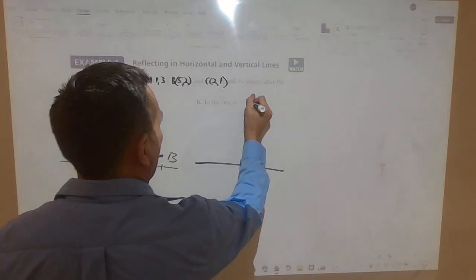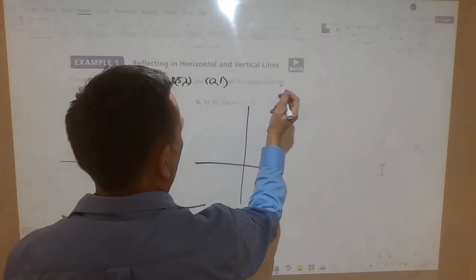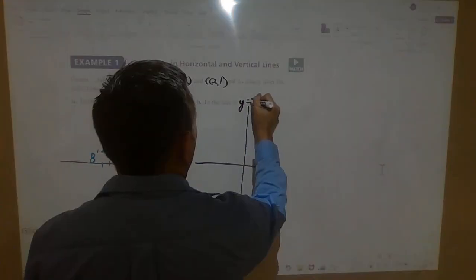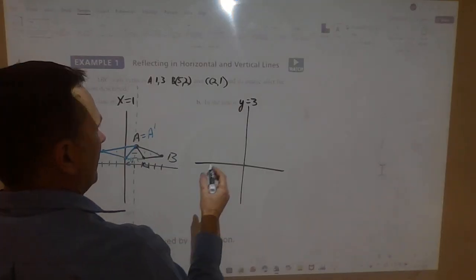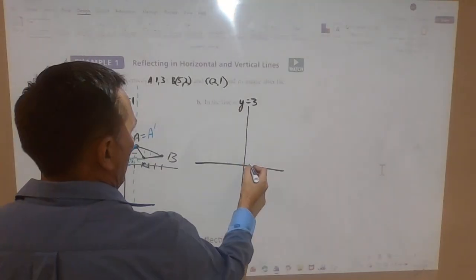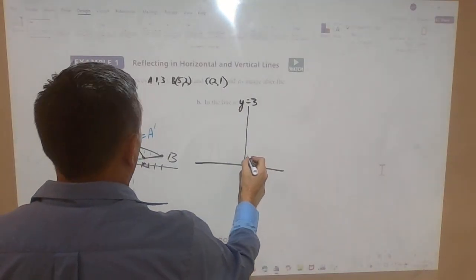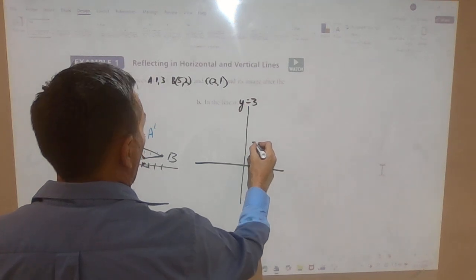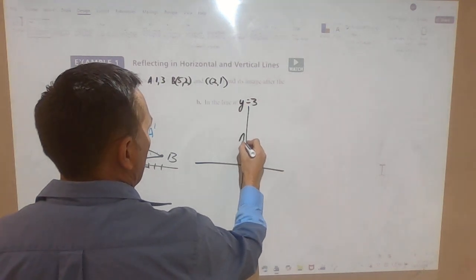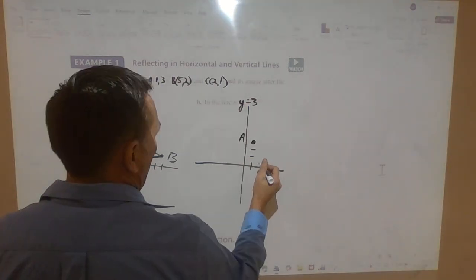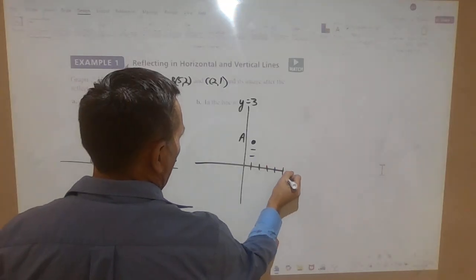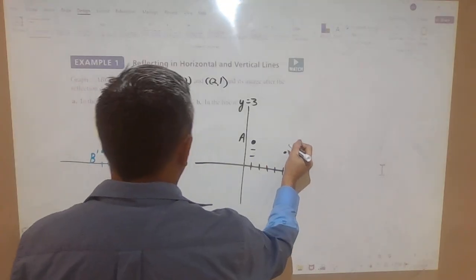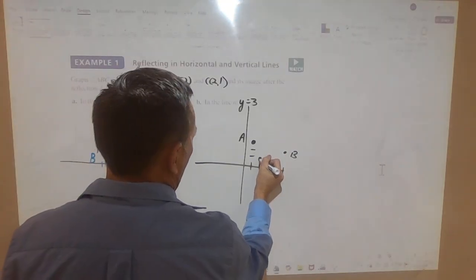So if we're using the same points over here, now we're comparing it to y equals 3. We still have point A here. There's point B, and point C was (2, 1).